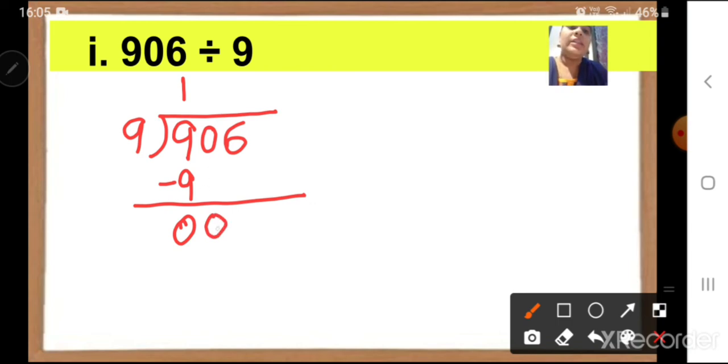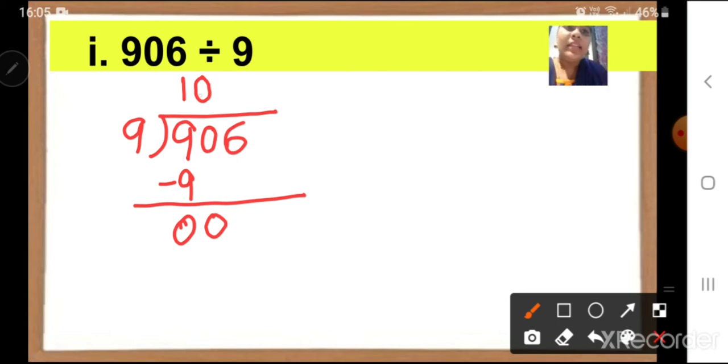Now this is a very important step. Children, because you have got 0 here, it doesn't mean that we don't have to divide. We have to divide this 0 also. How are we going to do that? In such a case, we carry 0 in the quotient. We have to write 0 in the quotient.